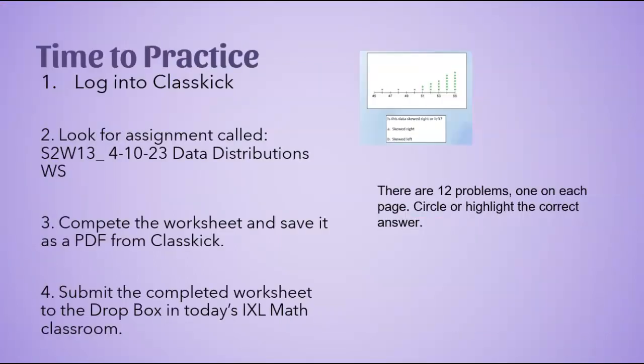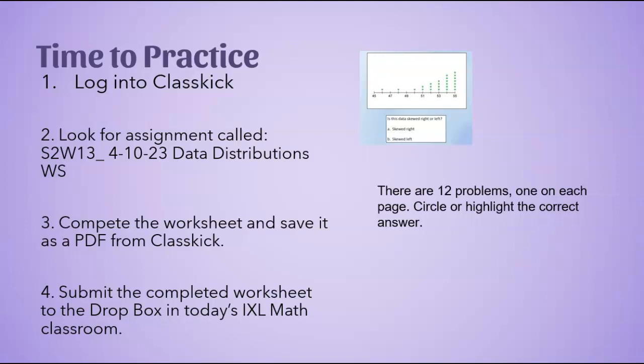So in Classkick, you have an assignment. You have 12 problems. You're going to look at these graphs and decide whether each is skewed to the left, skewed to the right, or, you know, there are different questions, like what kind of distribution do we call it? I want you to look in Classkick for S2W3, today's date, 4/10/23, data distributions worksheets.